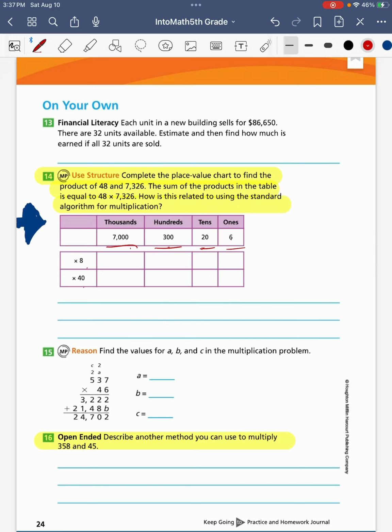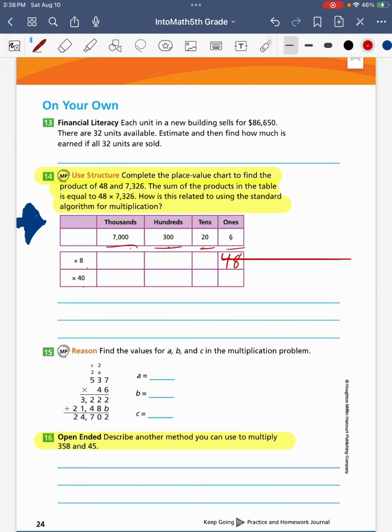8 times 6 gives me a total of 42. Strike that. I apologize. 8 times 6 is not 42.